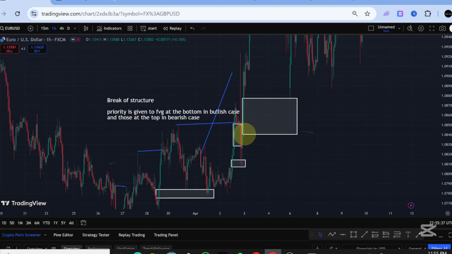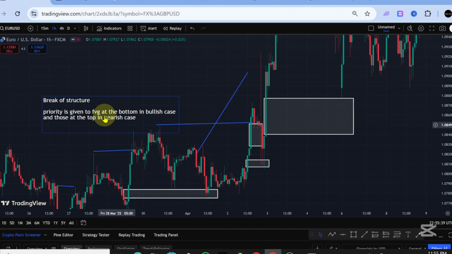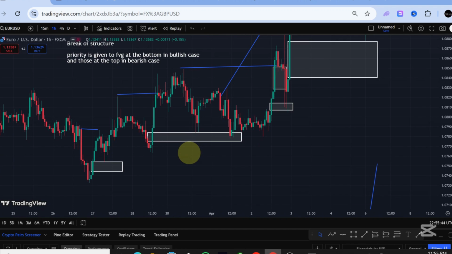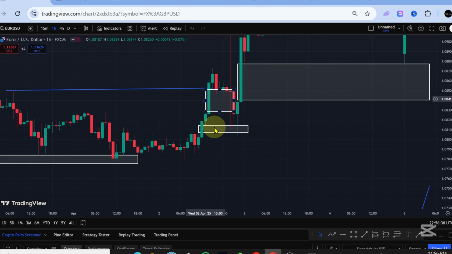Also, priority is given to the fair value gap at the bottom in the case of a bullish scenario. Let me explain what this means. In some scenarios you might see multiple fair value gaps in a particular trade. Let me show you an example. In this particular scenario right here, you can see that there's a fair value gap at this particular place. There is another fair value gap at this particular place, but you can see the market did not respect this fair value gap.